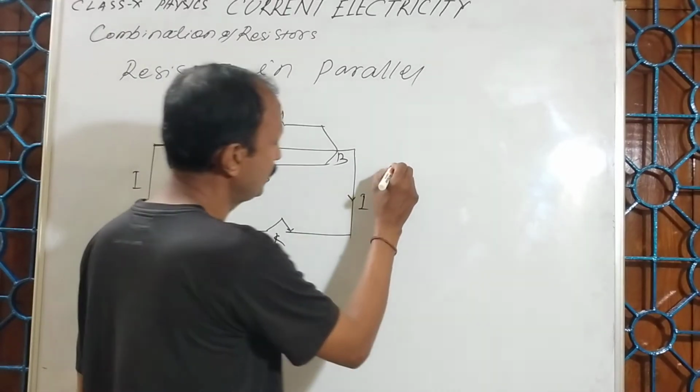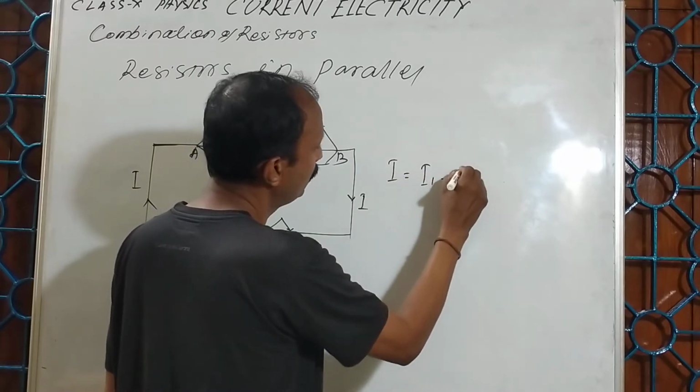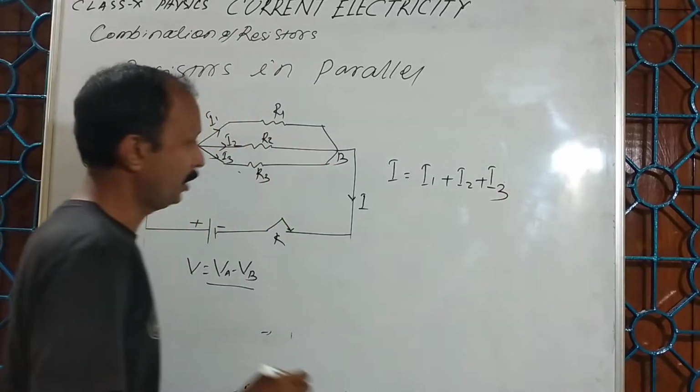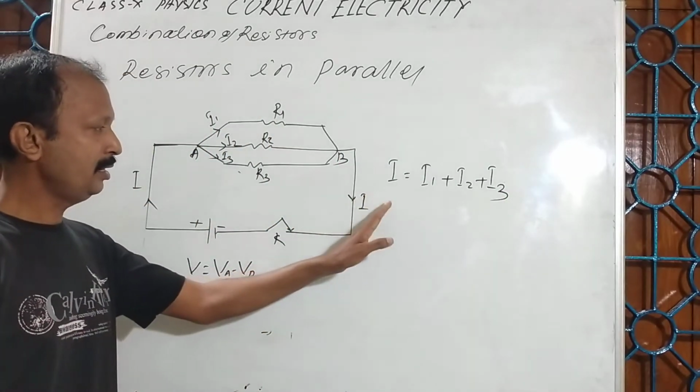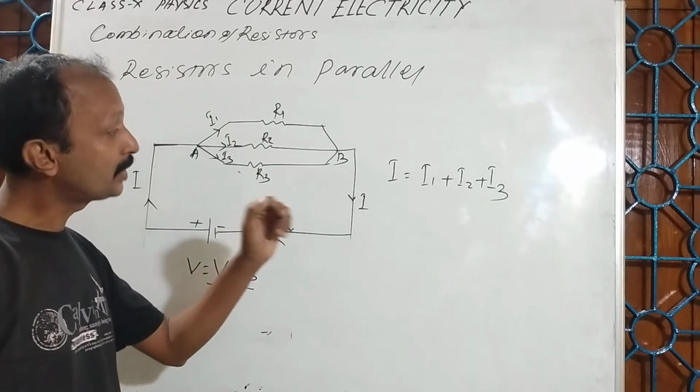So in case of a parallel combination, I is equal to I1 plus I2 plus I3. Okay, so I retain I is equal to I1 plus I2 plus I3.